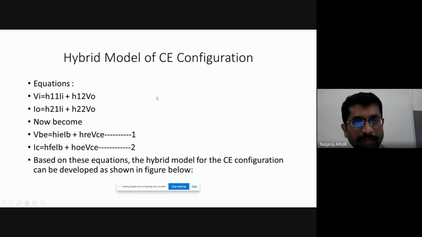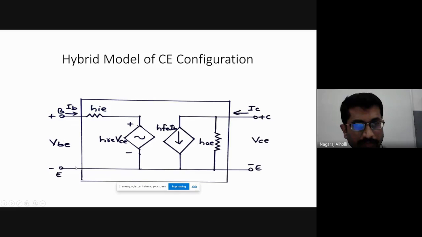Then the second one, for common emitter configuration, again take the same two equations: Vi is equal to H11 Ii plus H12 V naught, I naught is equal to H21 Ii plus H22 V naught. How is the common emitter configuration? In common emitter configuration, the emitter is common between input and output portions. Input is applied to the base, output is taken from the collector. Input current is IB, input voltage is VBE, output current is IC, and output voltage is VCE.